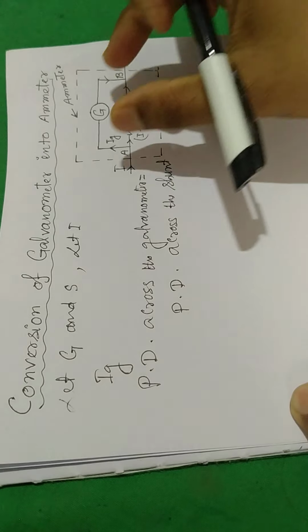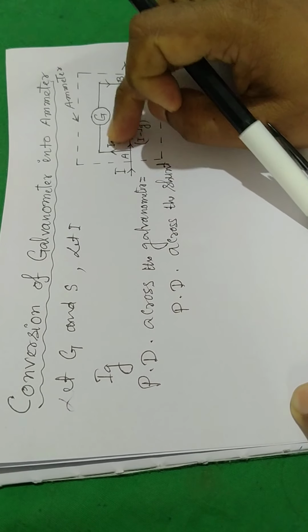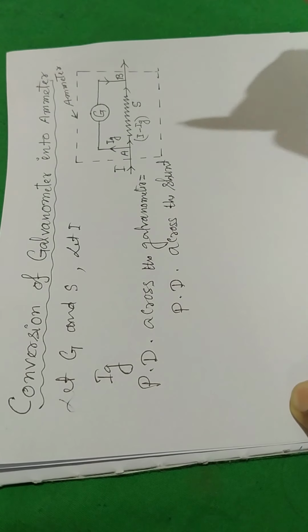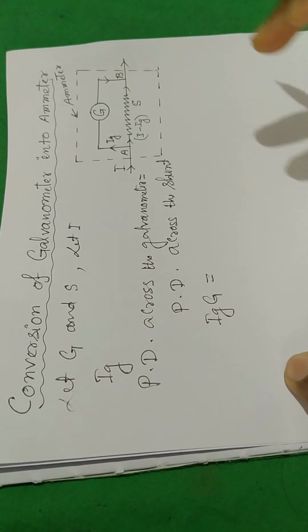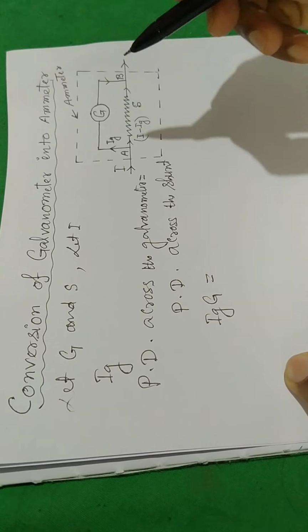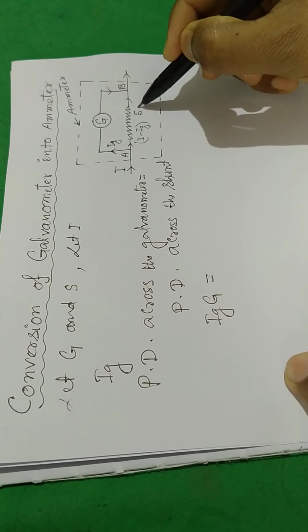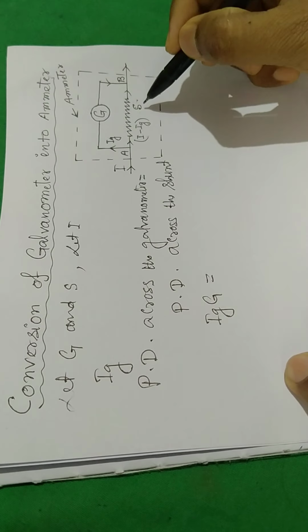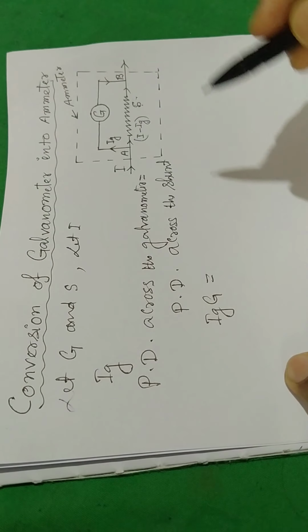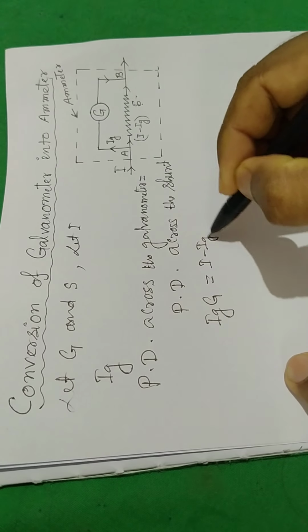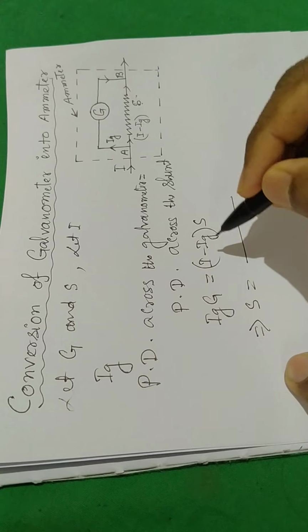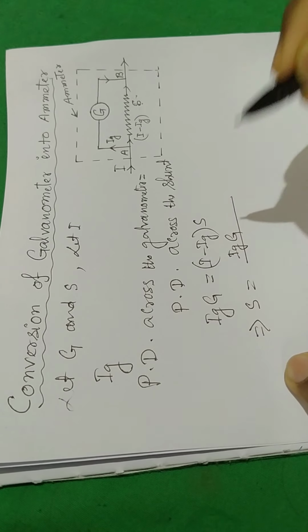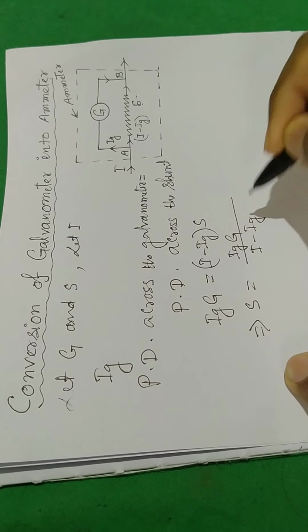Potential difference across galvanometer: since Ig is the current flowing through the galvanometer and G is the resistance of the galvanometer, the potential difference is Ig G. And potential difference across shunt: I minus Ig is the current flowing through the shunt and the resistance of the shunt is S, so the potential difference is (I minus Ig) S. Therefore S equals Ig G by (I minus Ig).